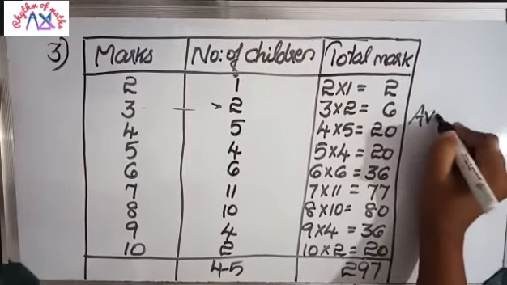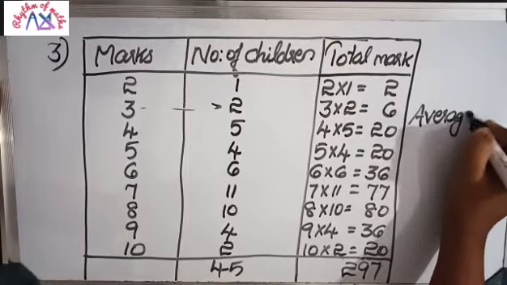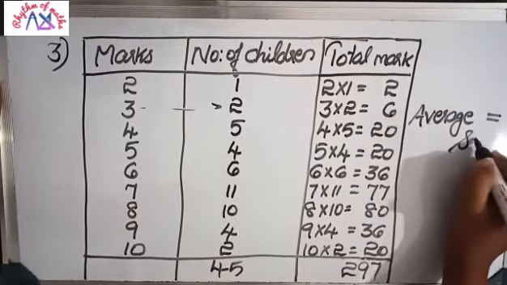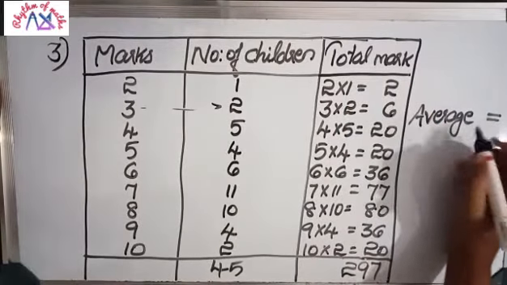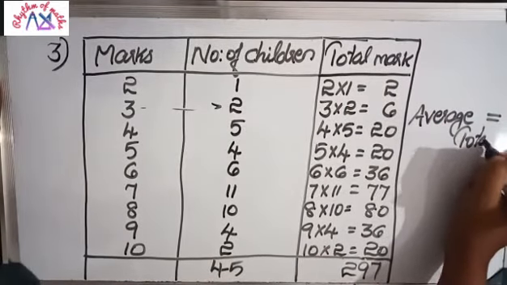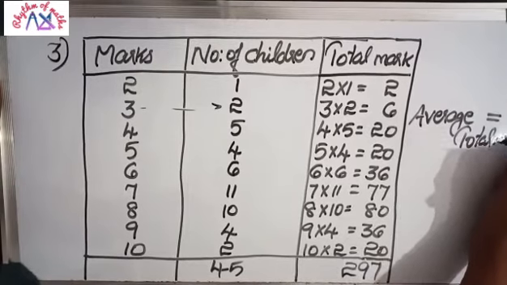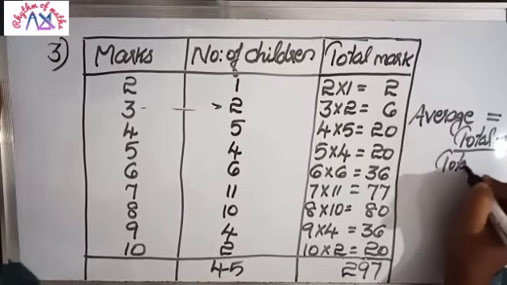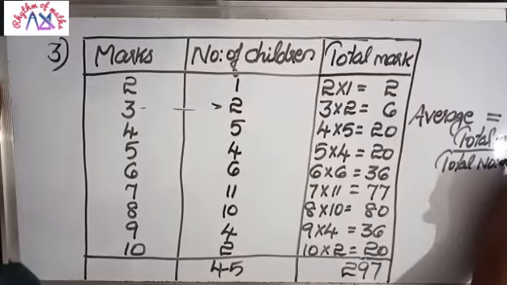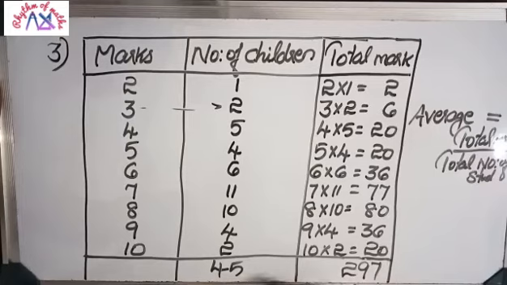Now to find average, what is the equation? Sum. Here sum means total mark. Total mark divided by total number of students. Divide these two columns.